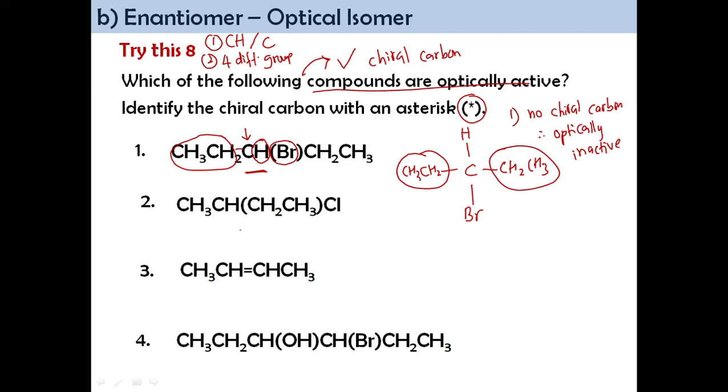Okay, what about compound number 2? Cari CH ataupun C. Okay, ada. Ini. Okay, and then dia bonded dengan CH3, hydrogen, CH2, CH3 dan Cl. So, kalau nampak yang saya bulatkan ini, kesemuanya adalah 4 grup yang berbeza. Jadi, for this carbon, this is a chiral carbon. Okay, therefore, compound number 2 is optically active.